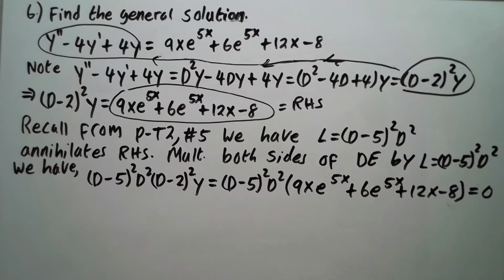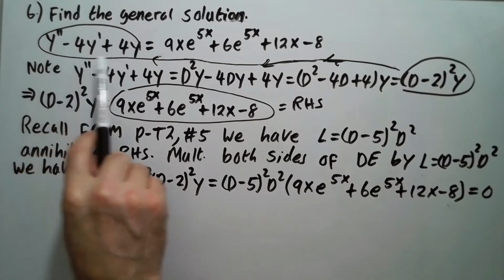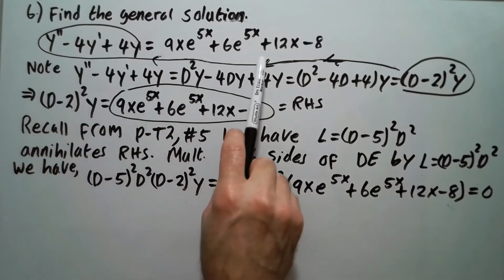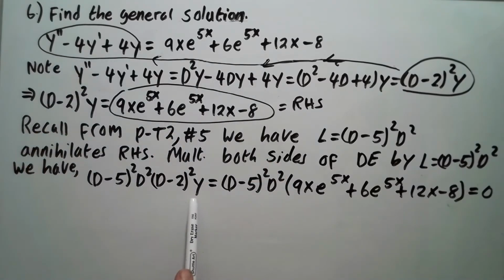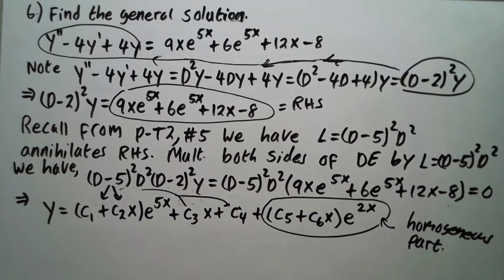So now we can find the form of our y. Our y is a solution of our differential equation, so it gets annihilated by this operator over here. So let's write out the general solution for y. We're looking for the most general function that gets annihilated by this annihilator.